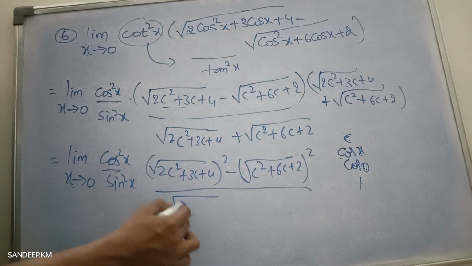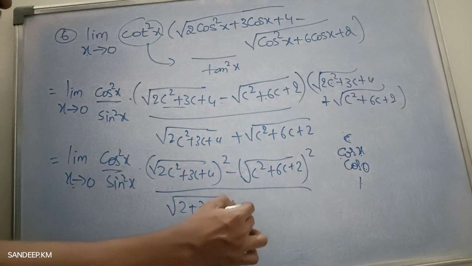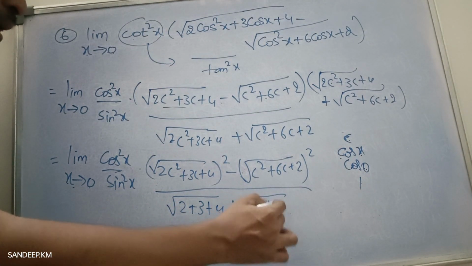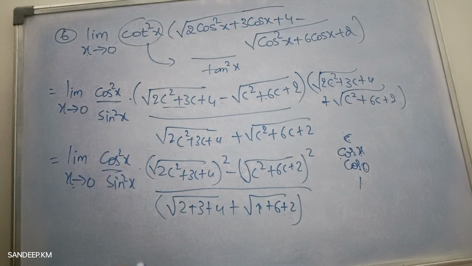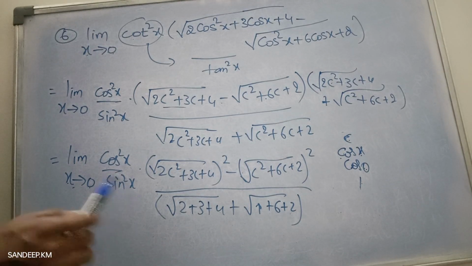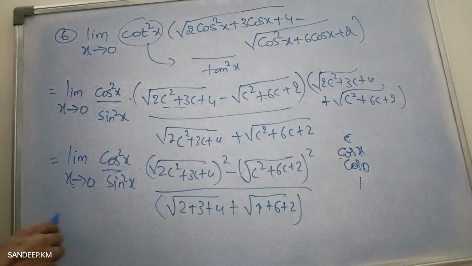Root of 2 plus 3 plus 4 plus root of 1 plus 6 plus 2. If you want, you can substitute this as in the last step, but it's okay, nothing wrong in that. Okay, now square root and square get cancelled.